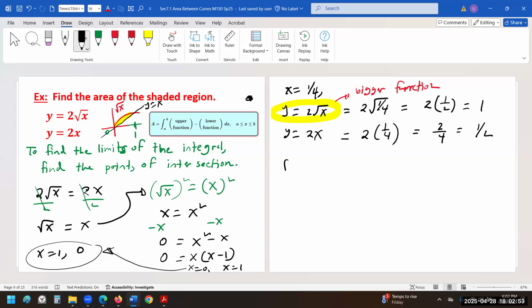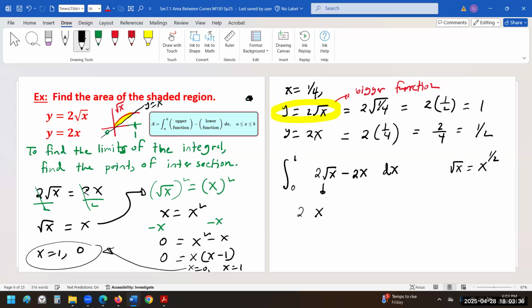Now we have all the information. That means we can go ahead and find the antiderivative. From 0 to 1, our bigger function is 2 square root of x. We are subtracting the smaller function 2x, and we're taking the antiderivative with respect to x. So what is the antiderivative of 2 square root of x? Square root of x is the same as x to the 1/2 power, right?